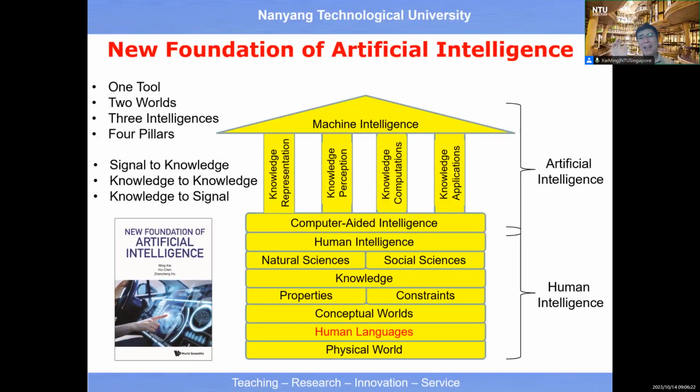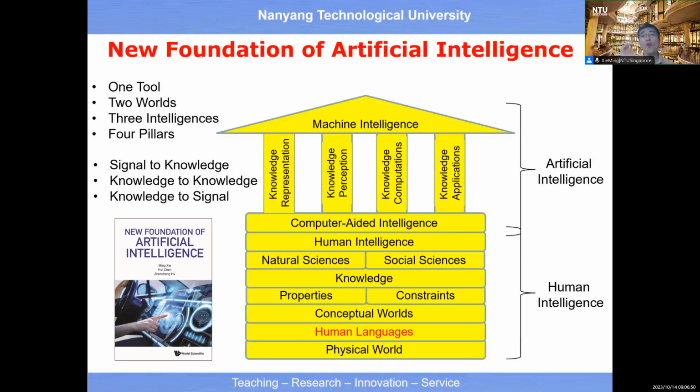Then the third intelligence is machine intelligence or artificial intelligence. So these are the three different types of intelligence. From the viewpoint of the general public, we would like to achieve machine intelligence, right? Then you need to pay attention to this number 4.